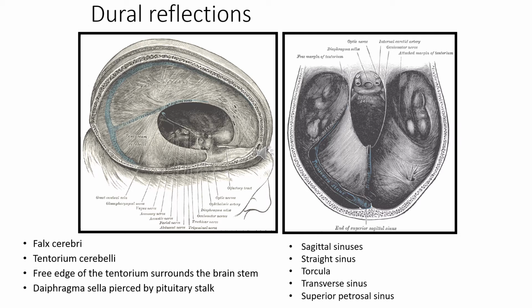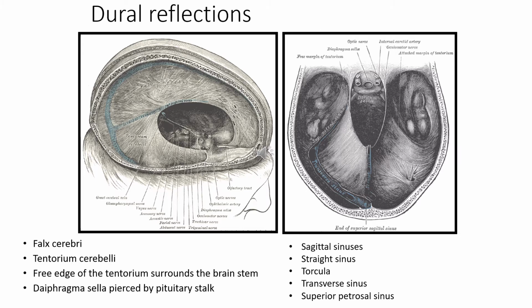So importantly, within these dural reflections are draining veins. So in the superior part of the falx cerebri we have the sagittal sinus. So this is going to course and drain posteriorly towards a confluence of multiple veins called the torcular.